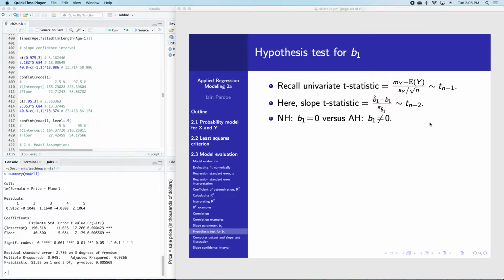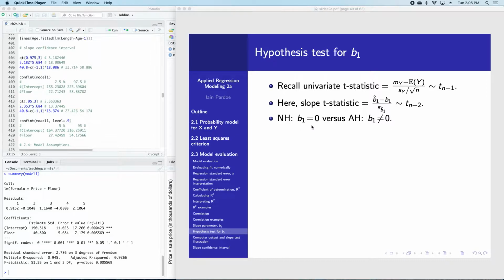So let's run through an example, and we'll use our home prices example again. Our null hypothesis is that the slope is 0, versus the alternative hypothesis that the slope is not 0. So we're doing a two-tail test here. What would it mean if the slope was 0?